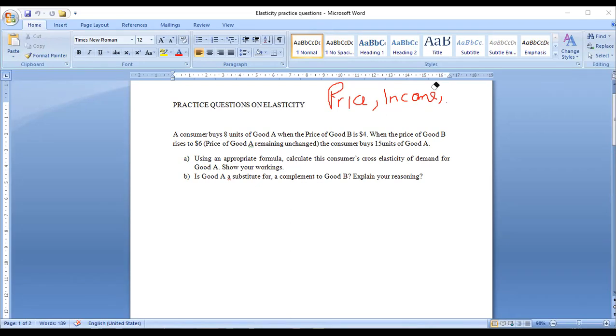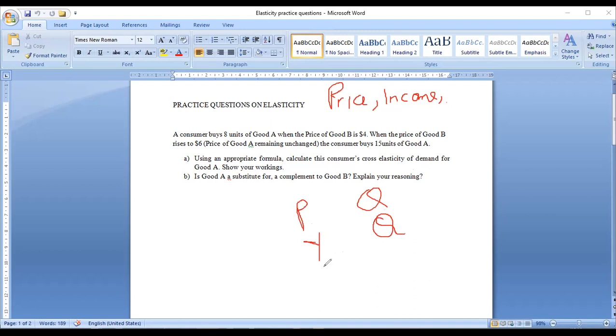So price elasticity of demand is a relationship between price and the quantity demanded. Income elasticity of demand is a relationship between the income of a consumer and the quantity demanded.